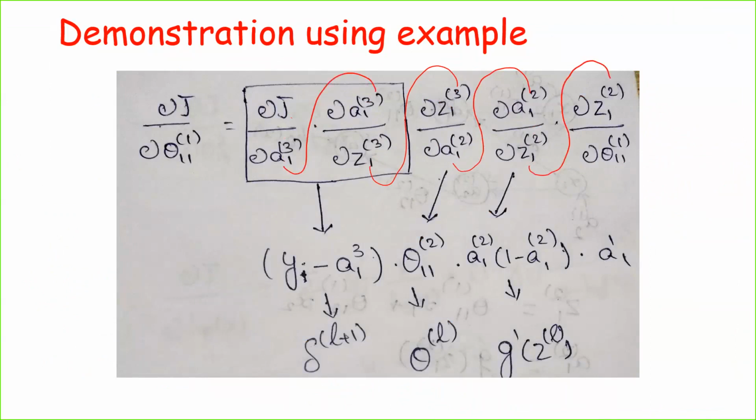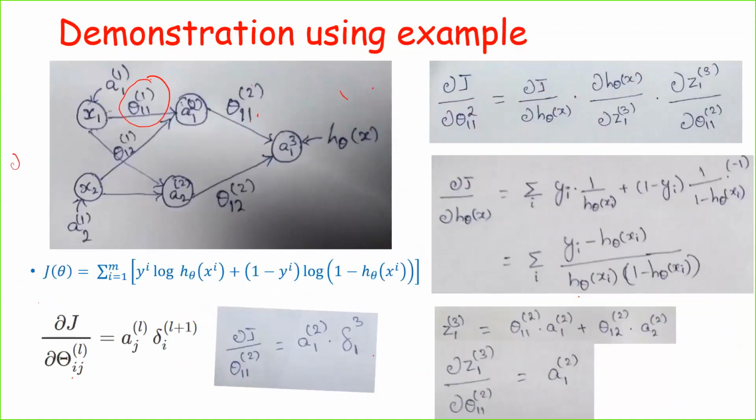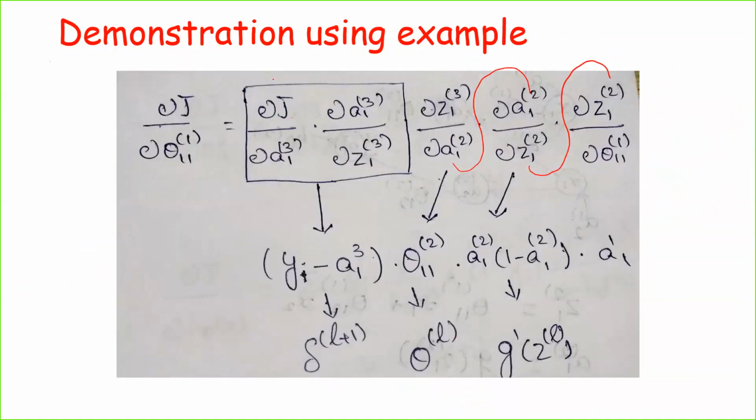So all these chain rules. So now please see, have we computed the derivative of j with respect to z13 already in the previous one? This is already computed, right? Why compute it again?